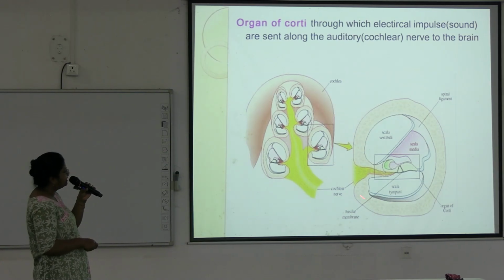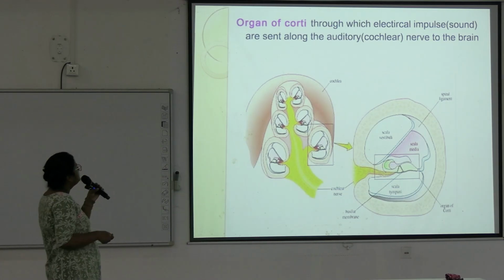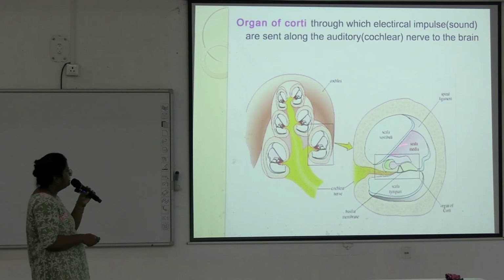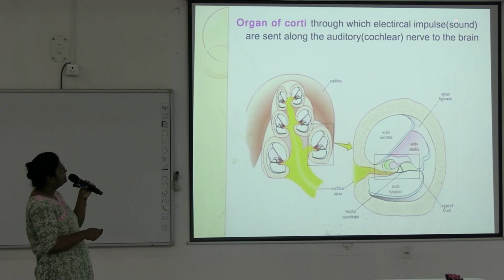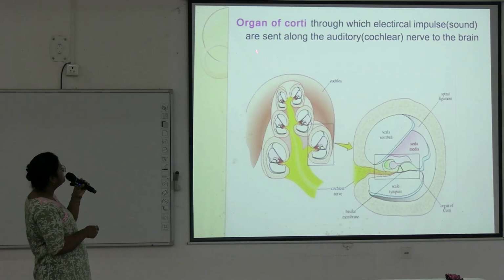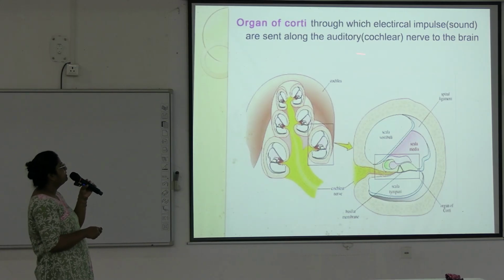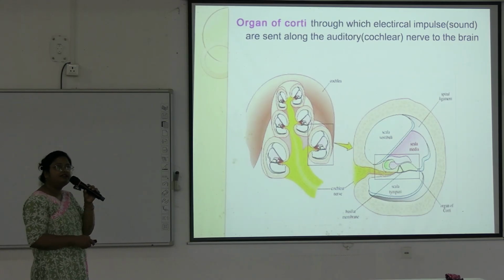Scala vestibuli, scala tympani, and this middle part is scala media. Vestibuli and tympani contain the perilymph, and scala media contains the endolymph. Okay. Organ of Corti lies within this scala media, through which the electrical or sound impulses are sent along the auditory or cochlear nerve to the brain.